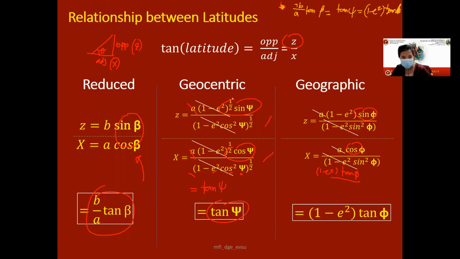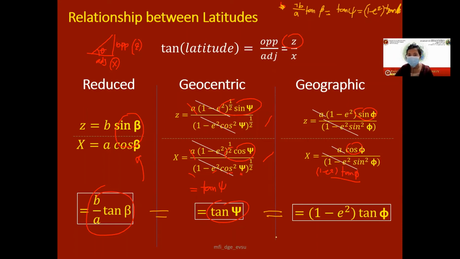So your b over a tangent beta is equivalent to tangent of chi, and is also equal to 1 minus e squared tangent of phi.